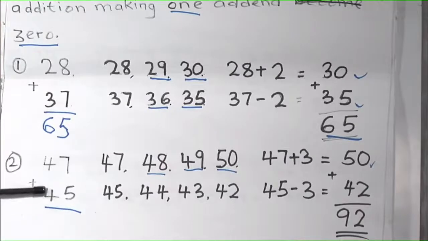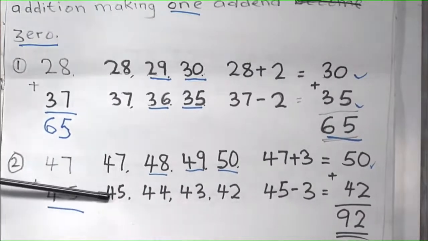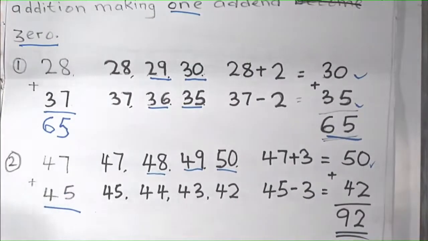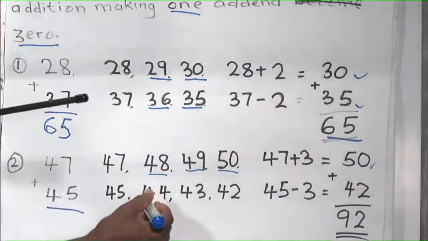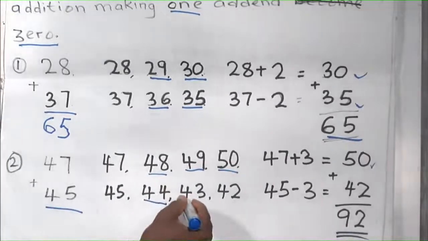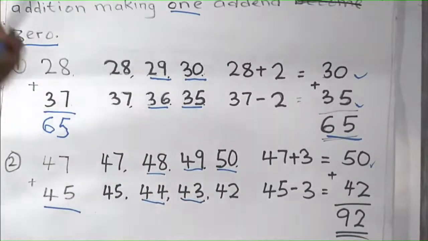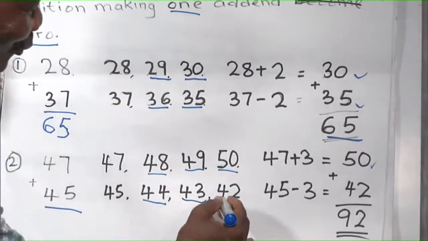Then 45. We shall subtract 3 from the 45. So from 45, if you subtract 1, you get 44. 44, if you subtract 1 again, we have 43. 43, if you subtract 1 again, you get 42.